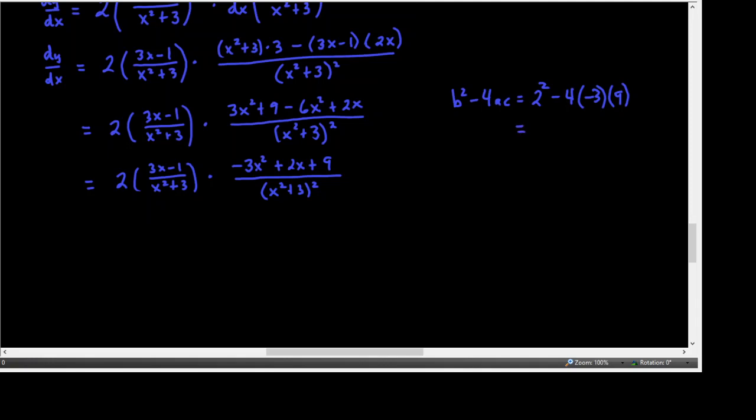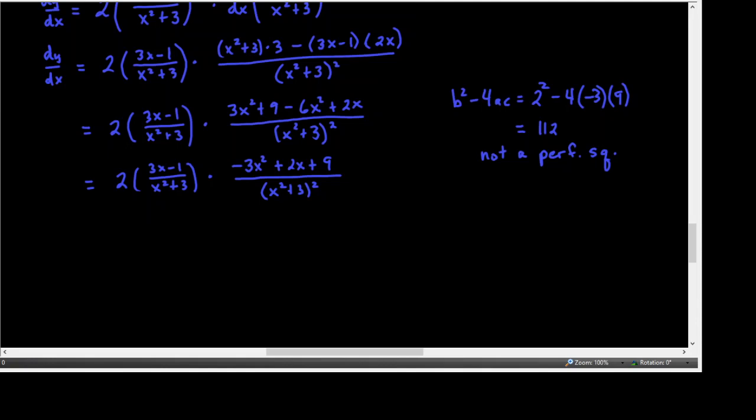Okay, and that's, well, I'm going to use my calculator so that I don't make any mistakes. I was about to do it in my head, and I decided to chicken out because I don't want to have any errors in stuff that I'm presenting to you. Okay, that's 112. 112 is not a perfect square. That means that that trinomial is prime. And so we don't have to worry about it.